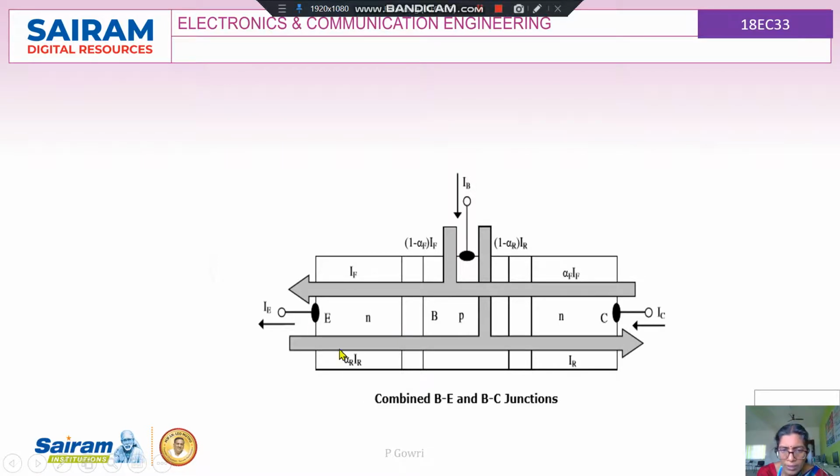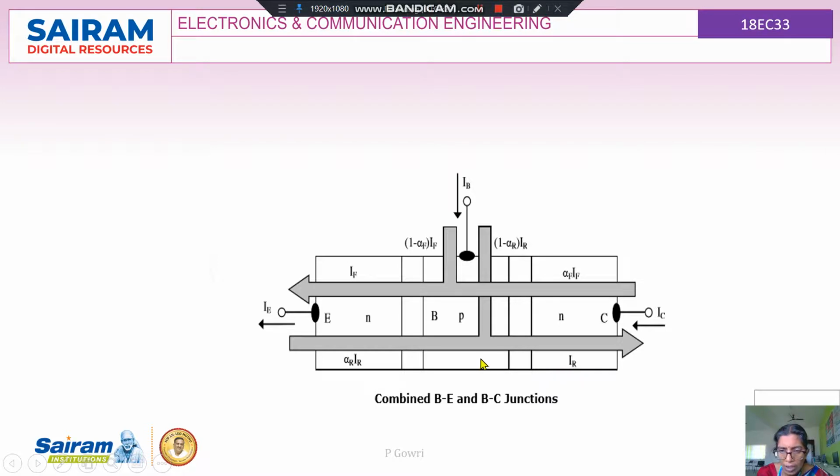Here, this current is given as IF, and the collector current is alpha F into IF, where IF is the current crossing this junction.